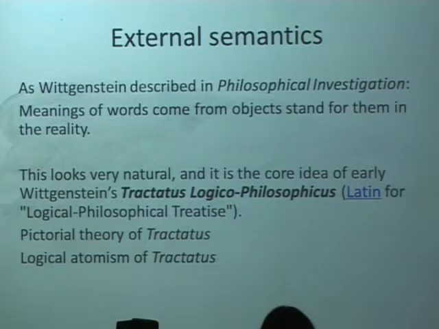Each node he called a name representing an external object in the world. And if you connect different nodes into propositions, they will correspond to some state of affairs in the world. An atomic proposition will correspond to an atomic fact, and a molecular proposition will correspond to molecular things.